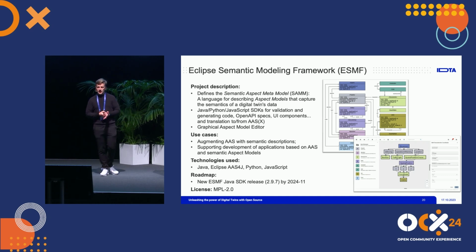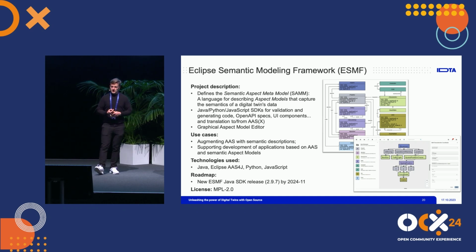In this particular case, the ESMF describes a new language called Semantic Aspect Meta Model, where you can model the semantics of digital twins. In this project, we have tons of things like SDKs supporting several languages and technologies. You have OpenAPI specifications, UI components, and of course, editors, so that you can interact and build the aspect models following the language described here.